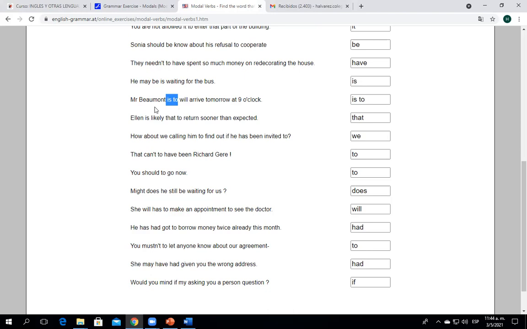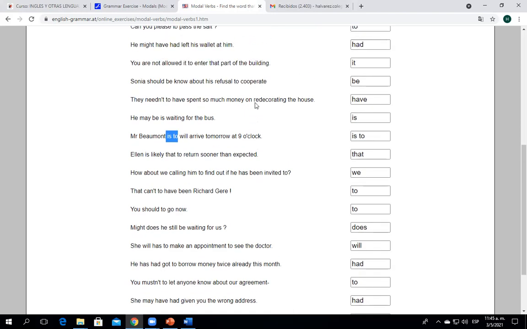If it is in 2 minutes, maybe Mr. Beaumont is to arrive in 2 minutes. So the person is about to arrive, in a short period of time. But in this case, I would say will. With the is to, it sounds like a secretary or something.